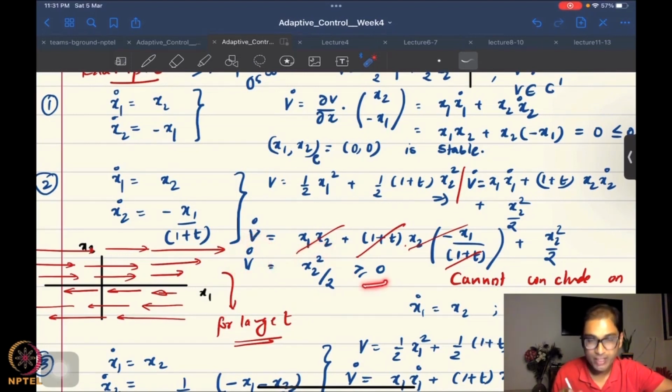It's not positive definite, remember, because it doesn't contain x1. And we had very explicitly mentioned that if all the states of the system do not appear in the function, then it cannot be definite. And therefore, it is only positive semi-definite, but still, it's really bad because we only care for v dot being negative semi-definite or negative definite. So we were not able to claim anything, right? Because this was probably not the correct Lyapunov function. We don't even know.